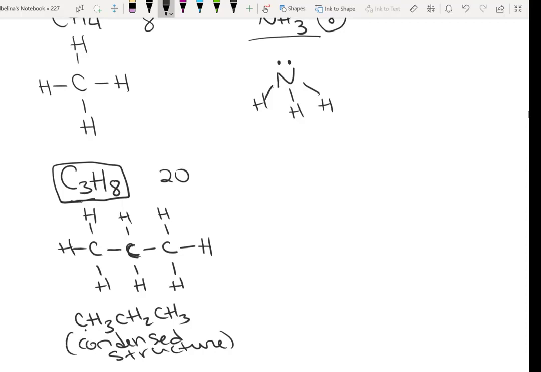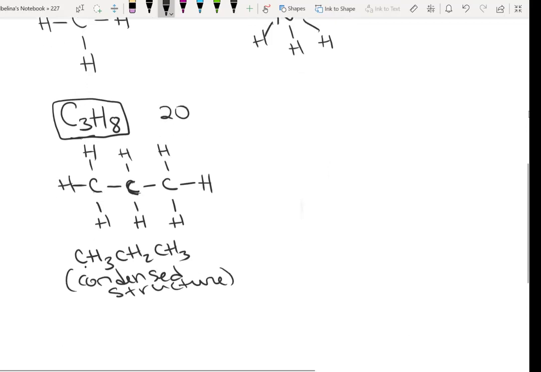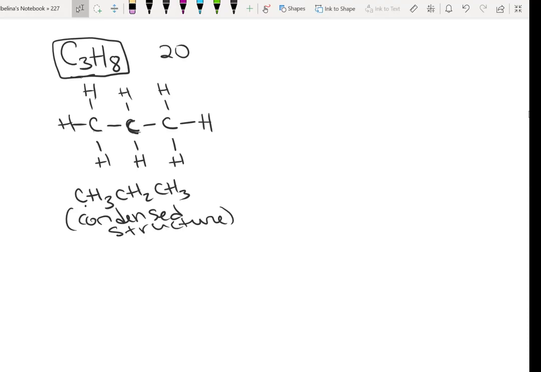So when you're given the condensed structure, it lowers the number of possibilities for isomers to draw. Now, because this formula is only C3H8, there's only one molecule you can draw. But what if the formulas get larger? Notice actually, before I move on, I didn't even count the number of electrons.